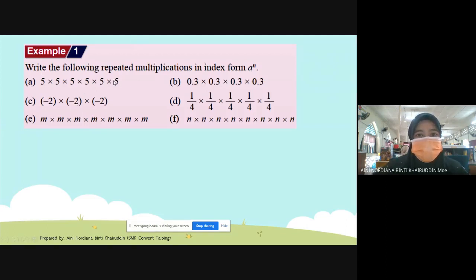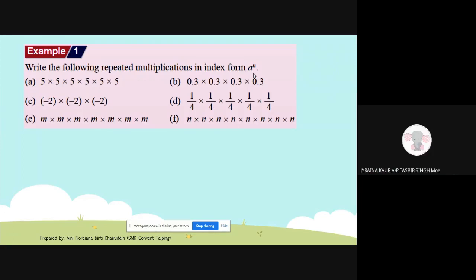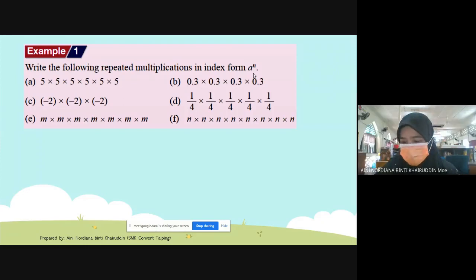How to write this repeated multiplication in the form of a to the power of n? Anyone? For a? 5 to the power of 6. Yes, good. Correct. 5 to the power of 6 because 5 is multiplied 6 times.